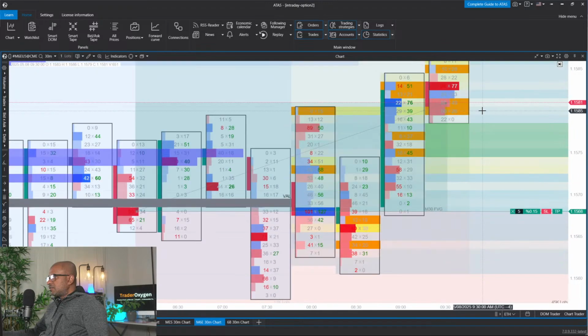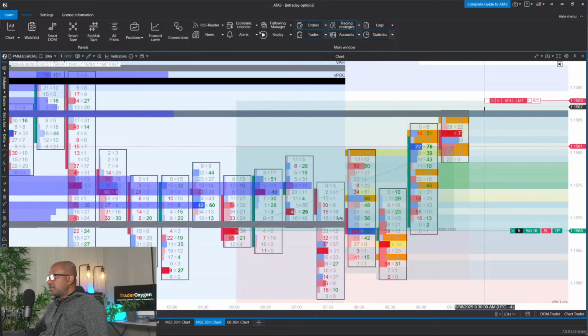You can see in the last 30-minute candle, compared to the other numbers, 77 contracts being sold at this price point, which has caused the price to push down. That's what made a red candle.